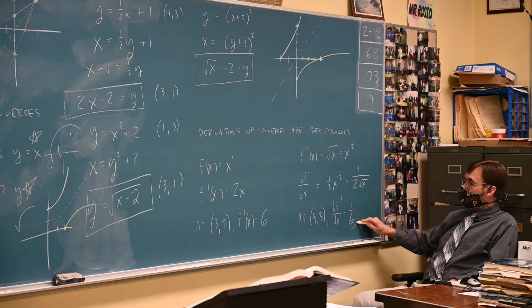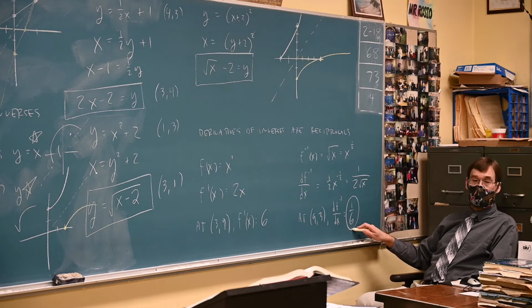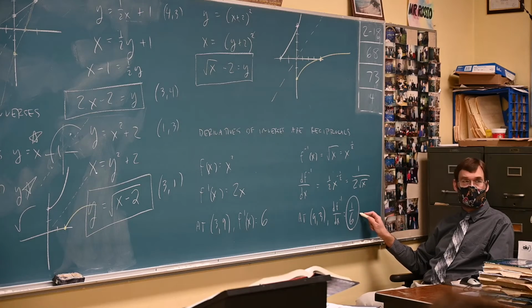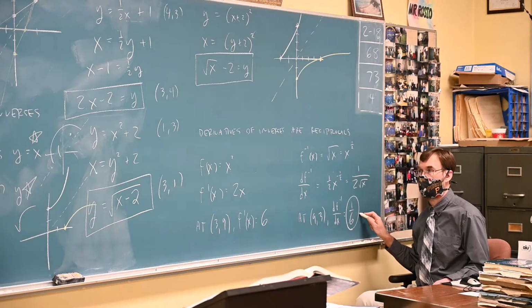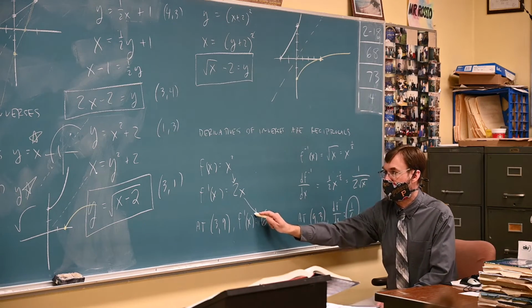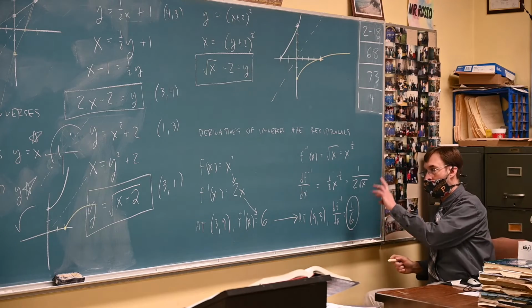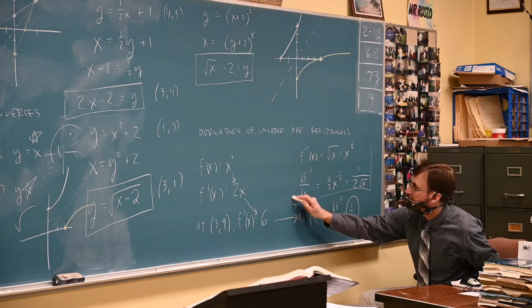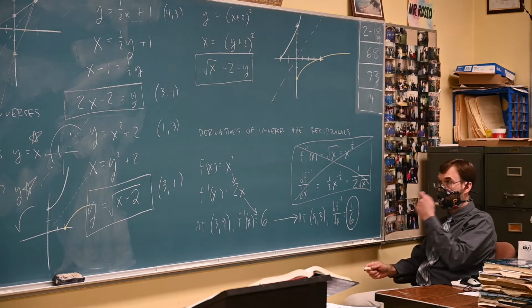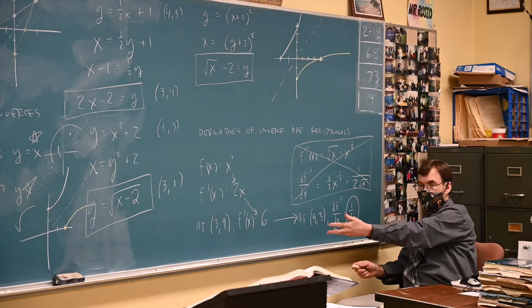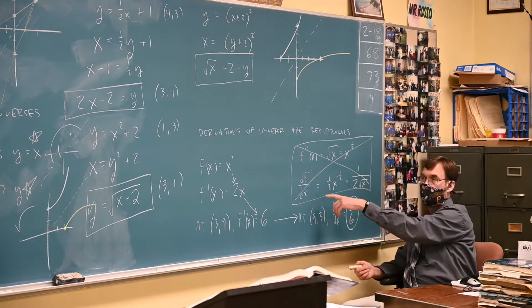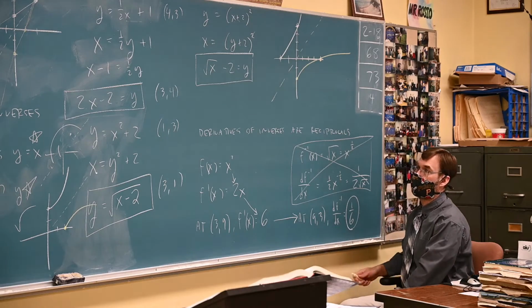So if your only desire were to know this, what's your quickest path to this? Plug in 3 to the derivative and then flip it. Yeah. Work through this stuff and then flip it. Really, none of that is necessary because we're just going to be able to do the reciprocal of the other one. This is less fun to work with. That was a little easier formula to work with.